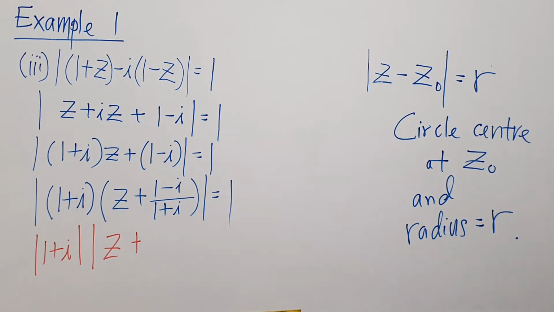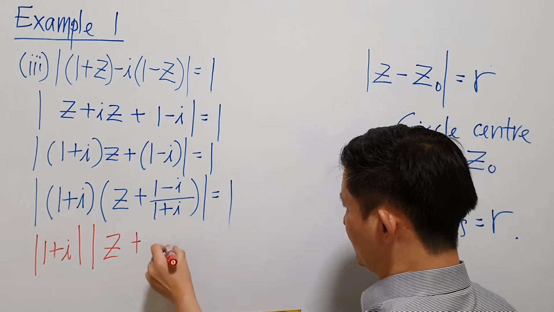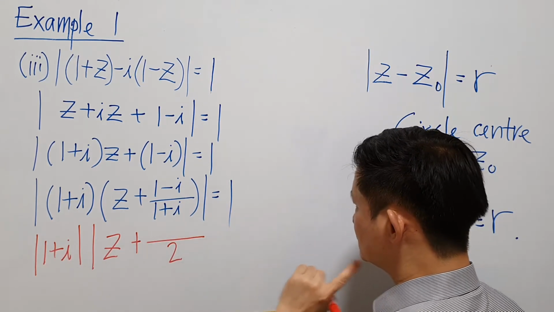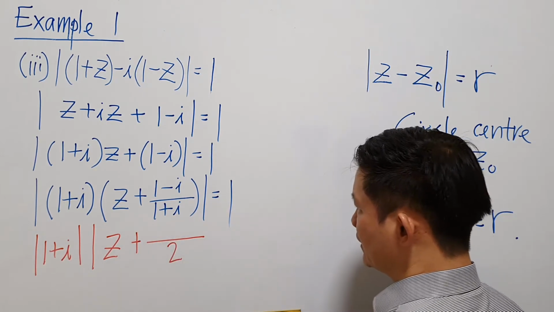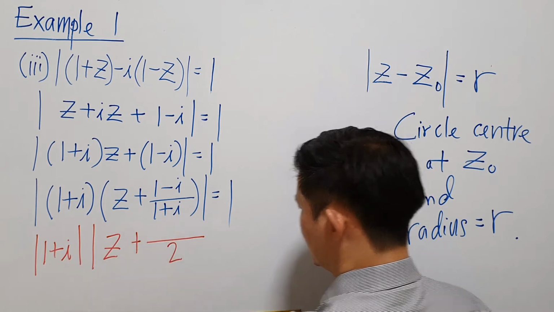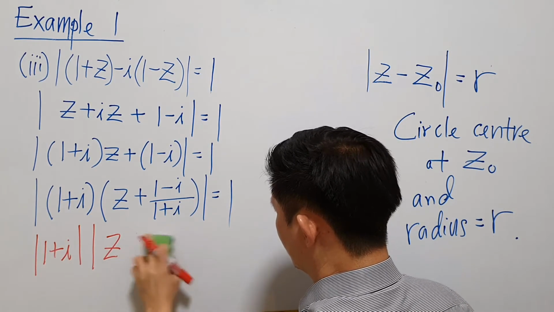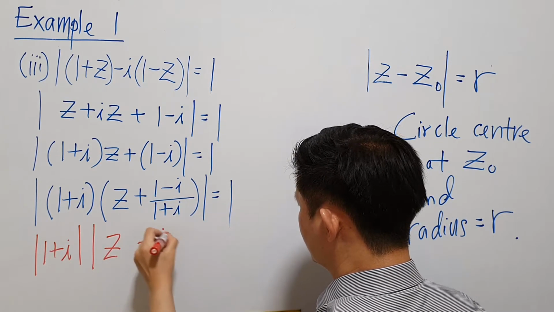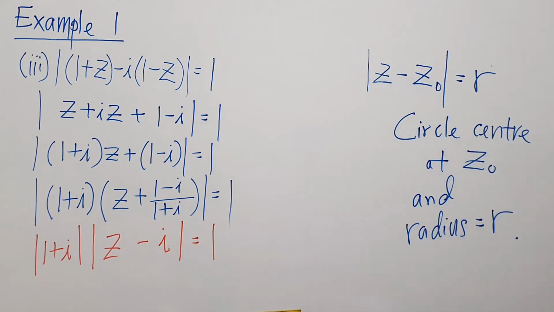If you do your division carefully, you will be left with this. You do your rationalization, and all in, you'll be left with this. Let me check my arithmetic.